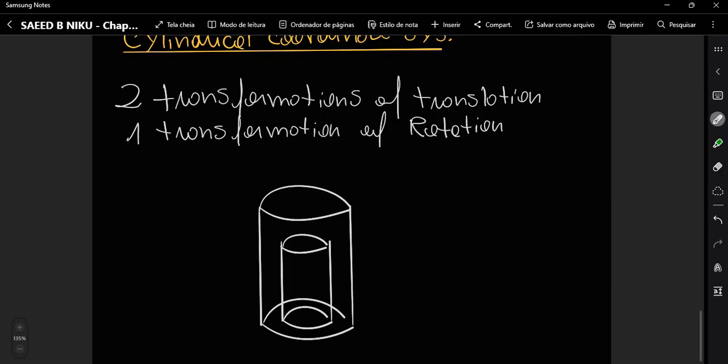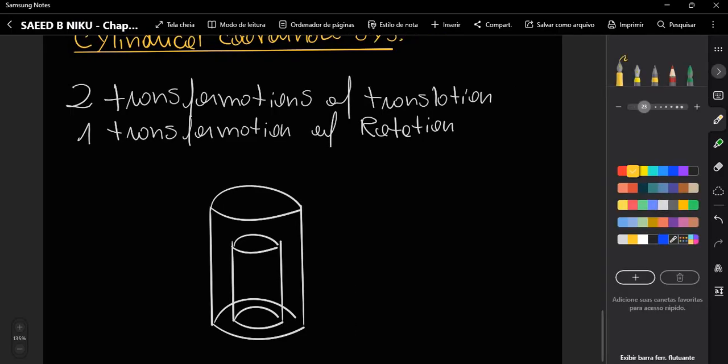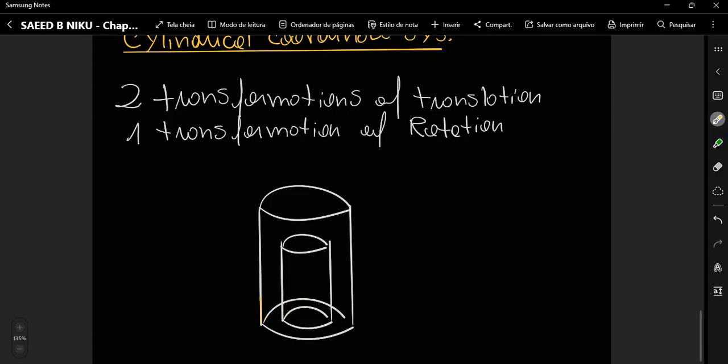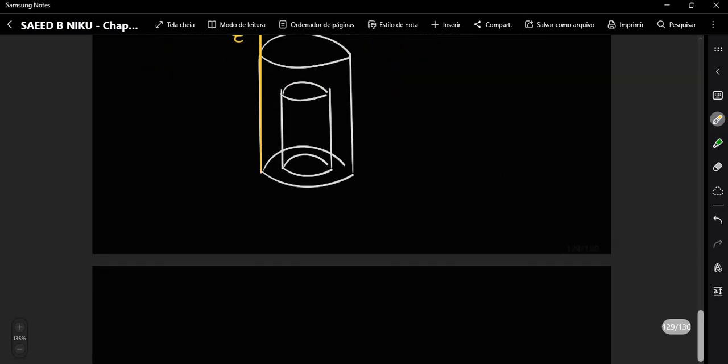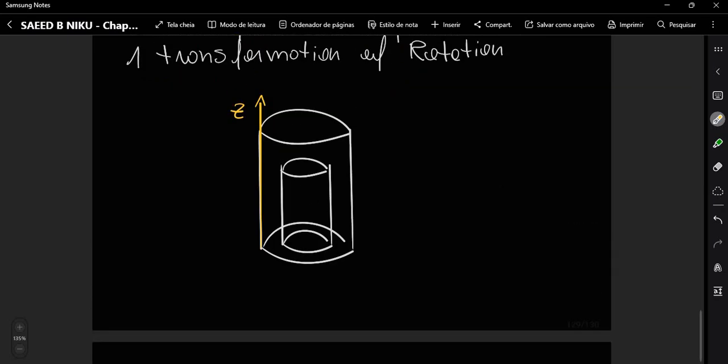And we can draw its axes right here. We can have the z-axis, and it is very obvious that on this z-axis we can do a transformation of translation. But how can we do a transformation of rotation? This way?